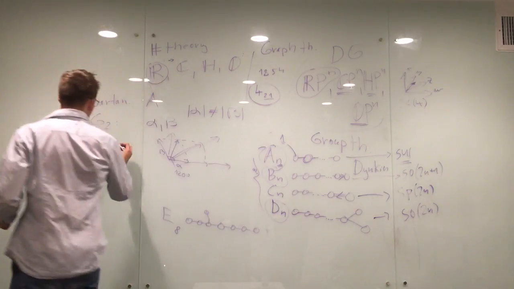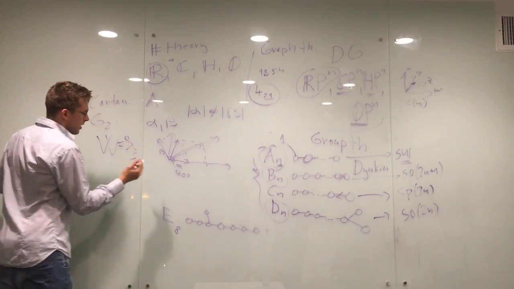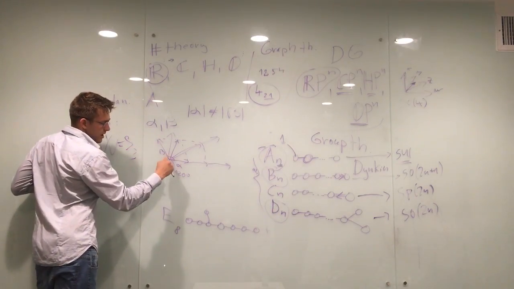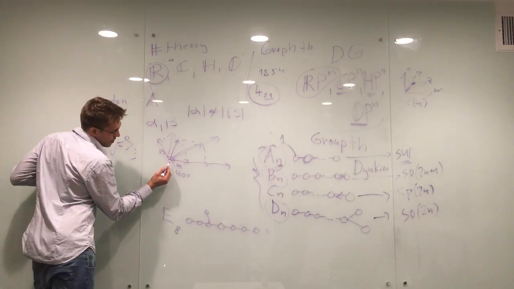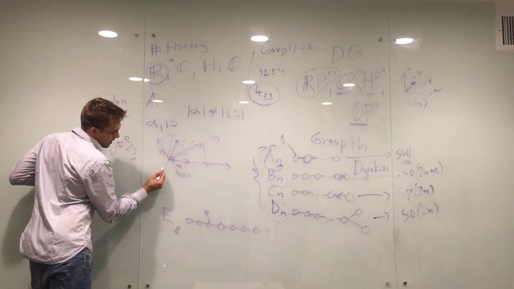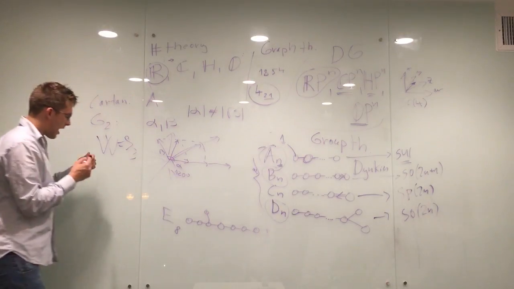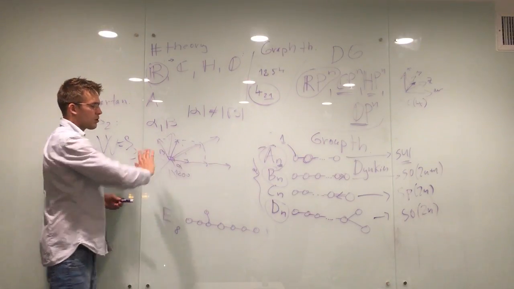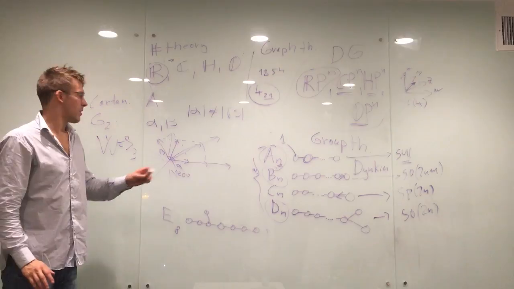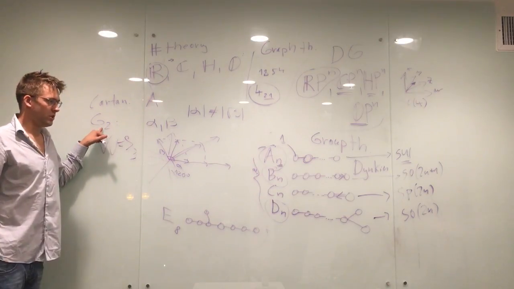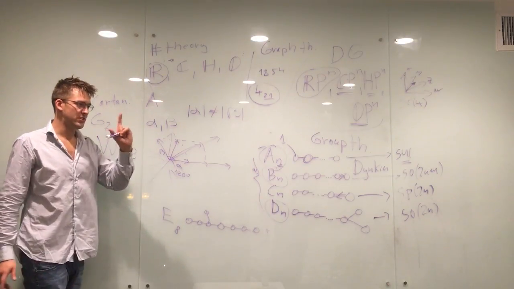So in this case, the Weyl group would be S3, because this is 120 degrees. So I need one more like that, and I would reconstruct the configuration, and then one more. And I would create something that's called the root system of this algebra G2. It's called the root system.